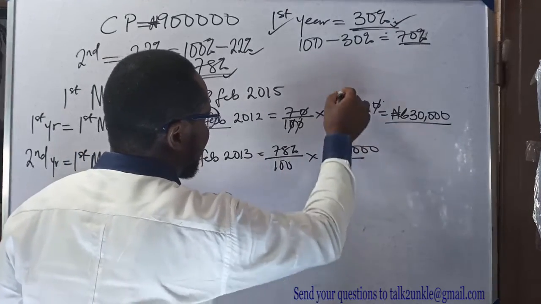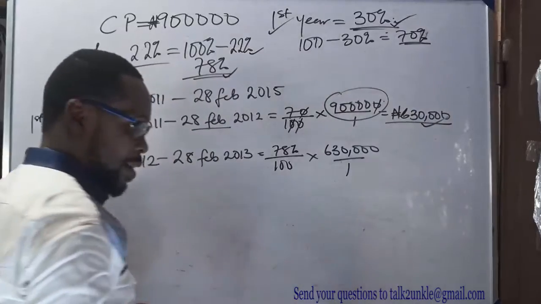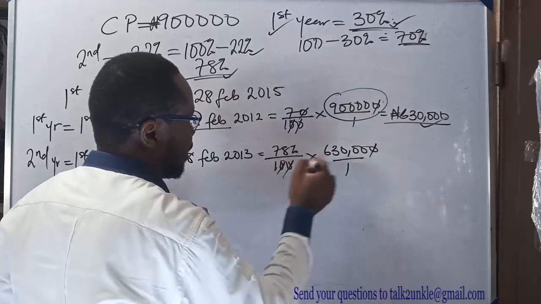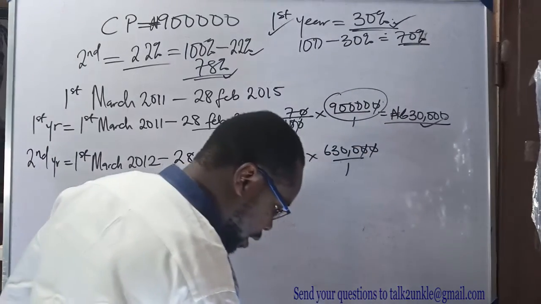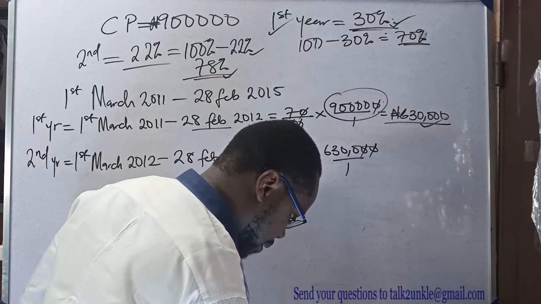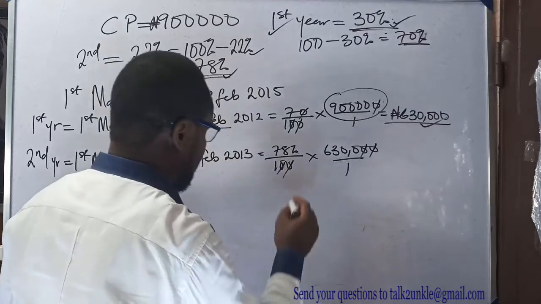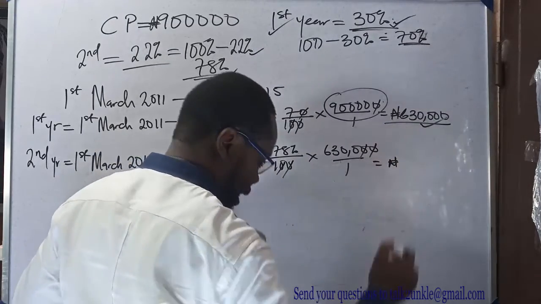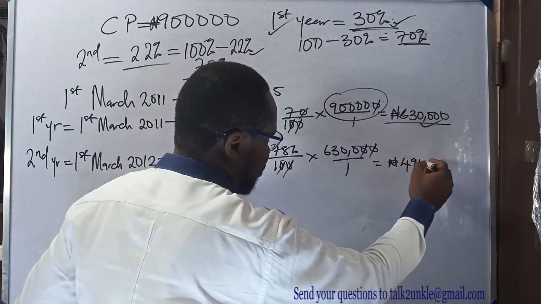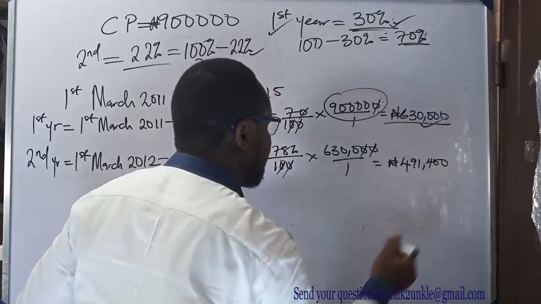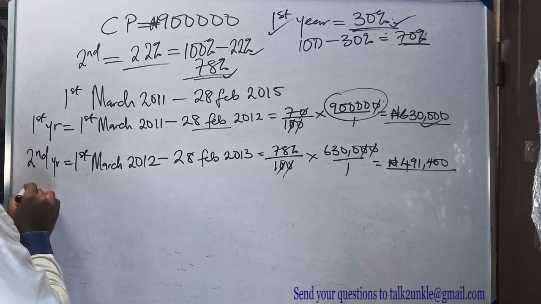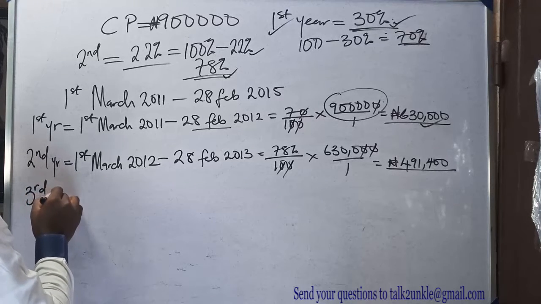Remember now, we're no more working with this, we're working with the new value at the end of the year, which is the value at the beginning of the next year. So we cancel this for this, this for this. So we are working with 78 times 6,300, which gives us that the value at the end of the second year is 491,400.